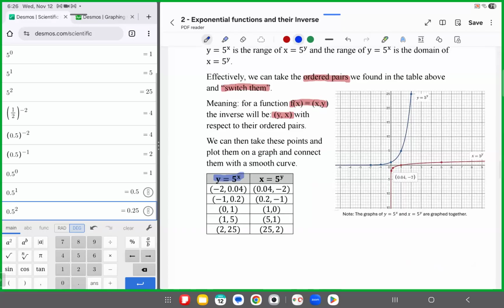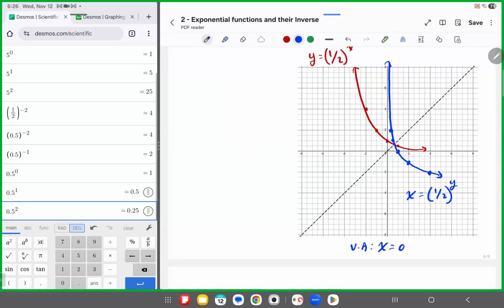This is the horizontal asymptote. And here is our vertical asymptote.